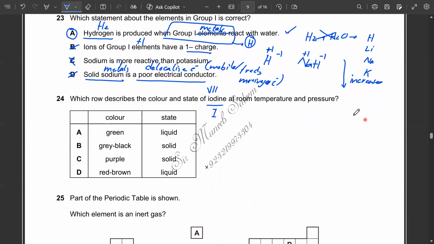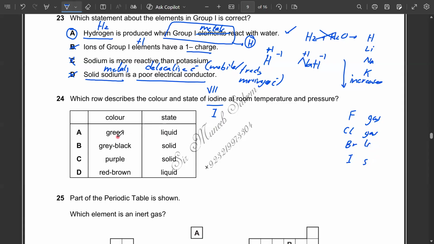How do you place the elements in an orderly sequence? First you have fluorine, then chlorine, then bromine, and then iodine. We remember fluorine at room temperature and pressure is a gas. Chlorine is a gas. Bromine is a liquid. And iodine is a solid.